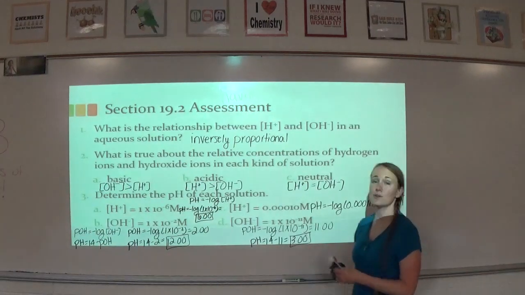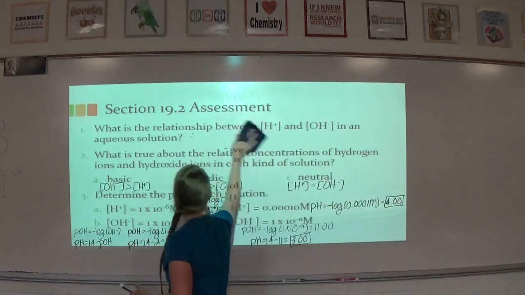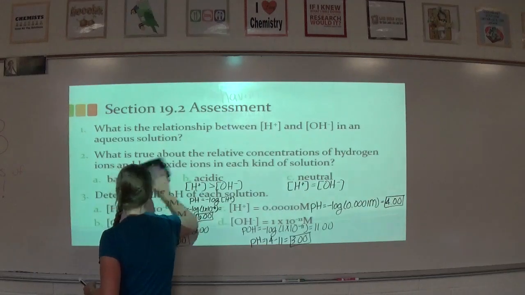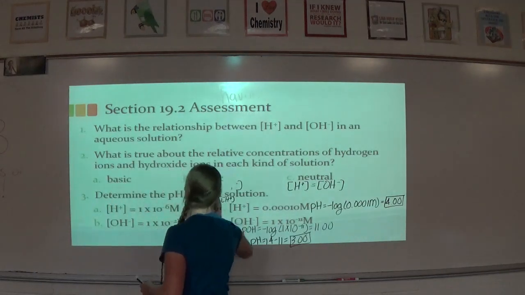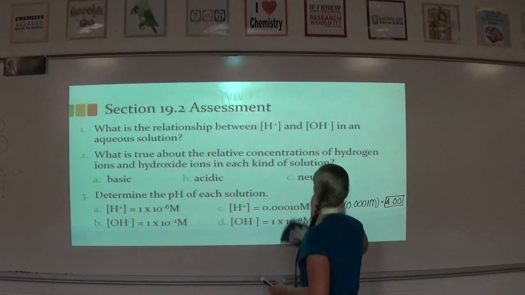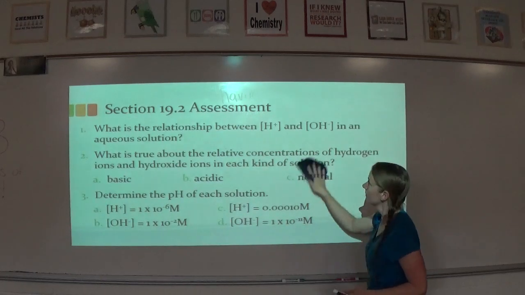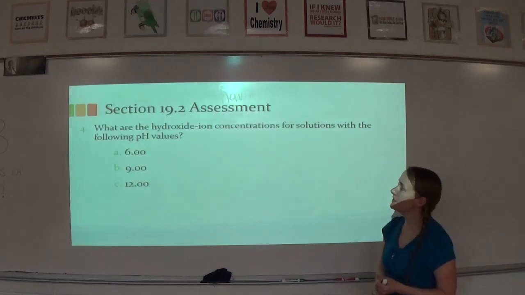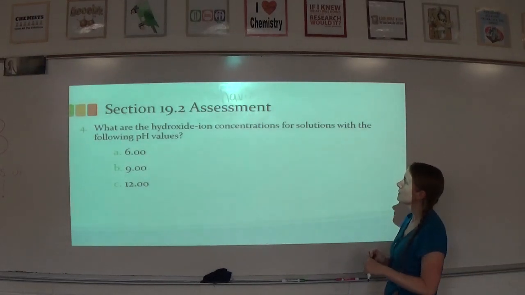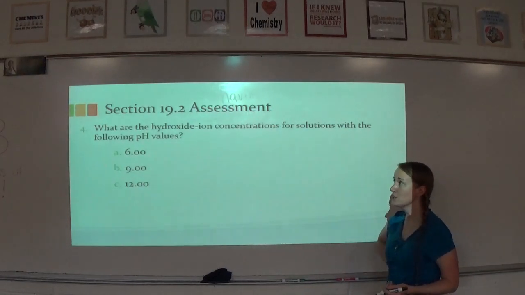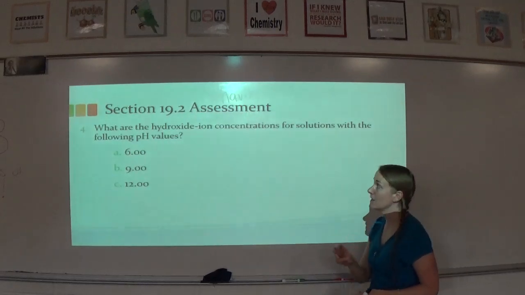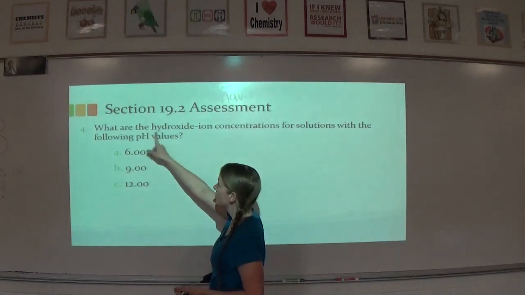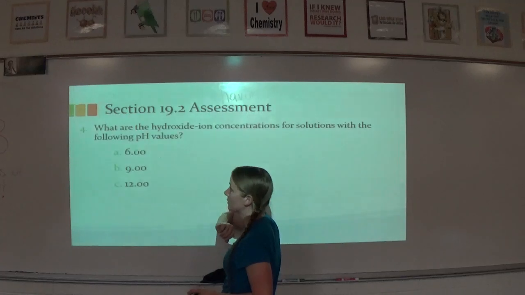Alright, so let's click and look at our last one. So it says, what are the hydroxide ion concentrations for solutions with the following pH values? So again, these are going to be 2 steps because we know pH, we're trying to get to hydroxide ion concentration.